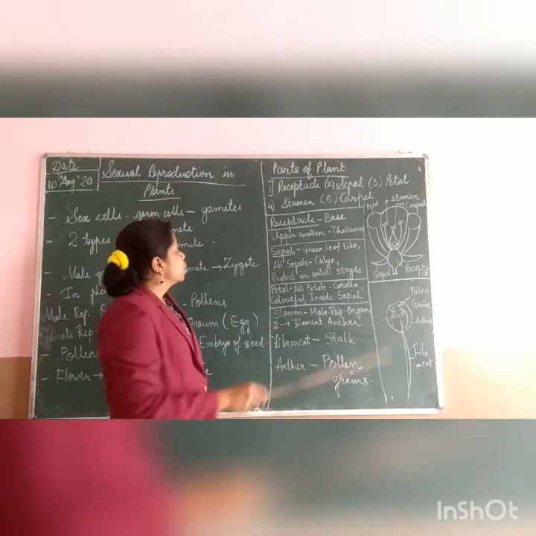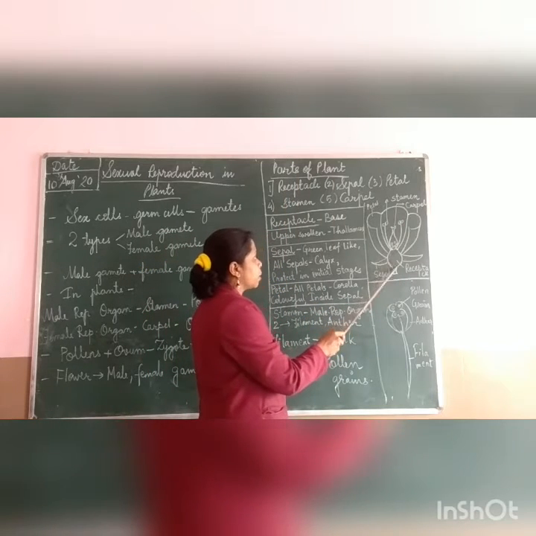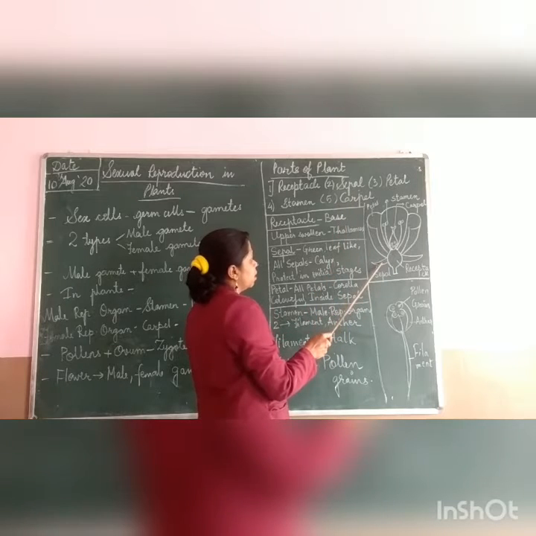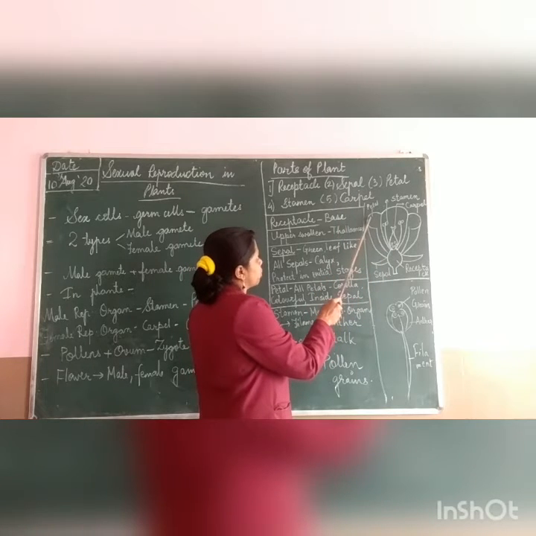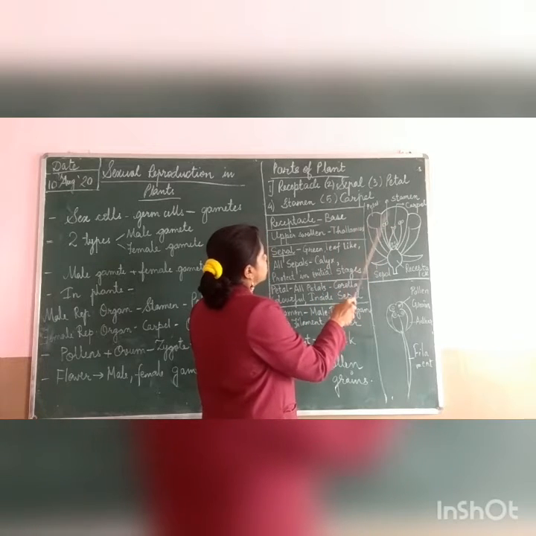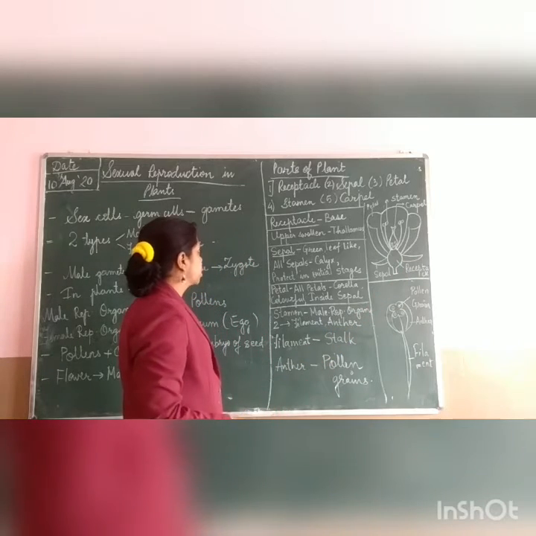First one is the receptacle. Can you see this part? This is the receptacle, then sepal, then petal, stem, and this is the carpel. Now we will discuss them individually.